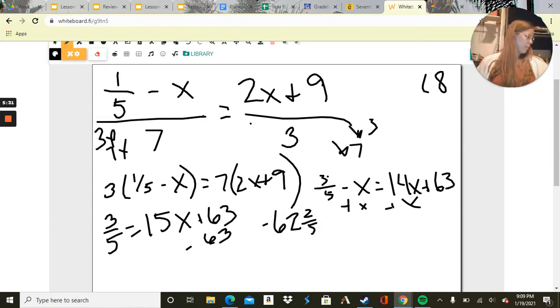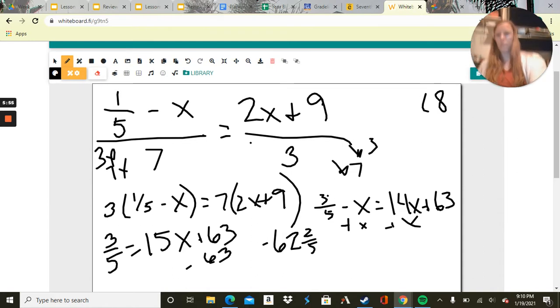Let me just double check that in my sheet here, before I tell you incorrectly. So they had it as 315/5, so let's write that instead.